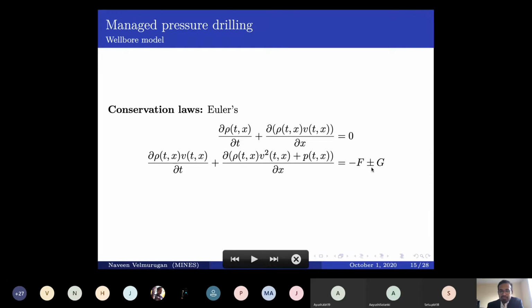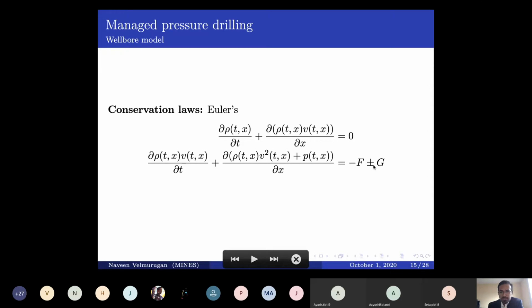The reason why I have plus minus is, if you remember again, in your drill string, you have gravity that helps your flow, right? Gravity helps your fluid flow since the fluid is traveling downwards. If you need to model the drill string, you use a positive source term, and in case of annulus, your gravity is acting against your fluid flow, and that will reduce your acceleration.